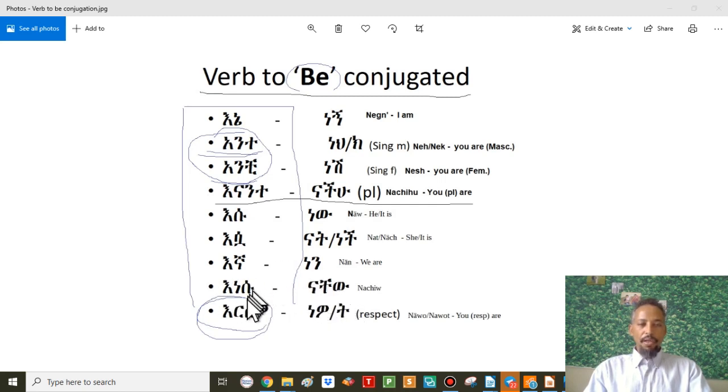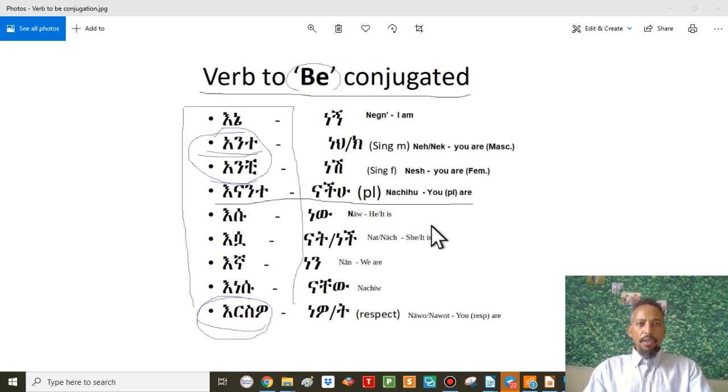You say እነሱ በሉ, እርስዎ በሉ, እርስዎ መጡ, እነሱ መጡ. So the conjugation of other verbs with the pronoun እርስዎ, polite you, will be treated as እነሱ.